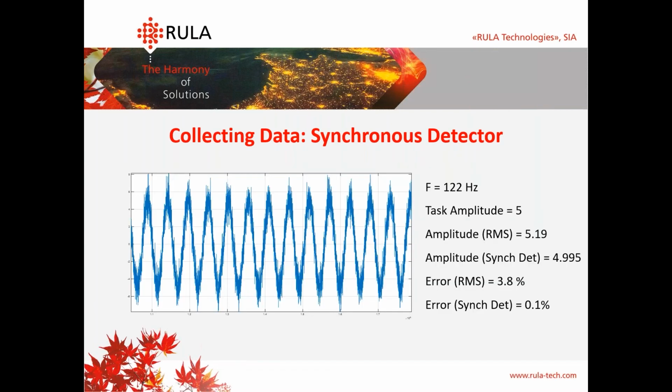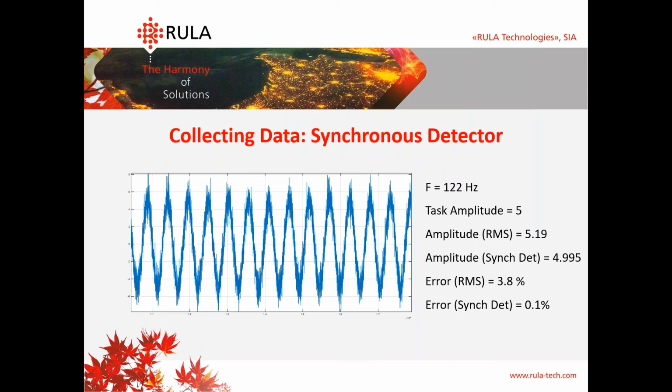So let me show you an example. Here we have a noisy sine with a frequency of 122 Hertz, and 20% of its amplitude is noise. We know that the true amplitude is 5, and let's make some calculations.